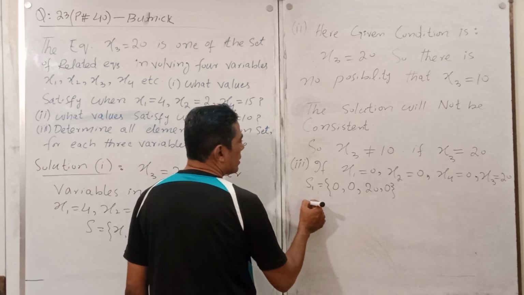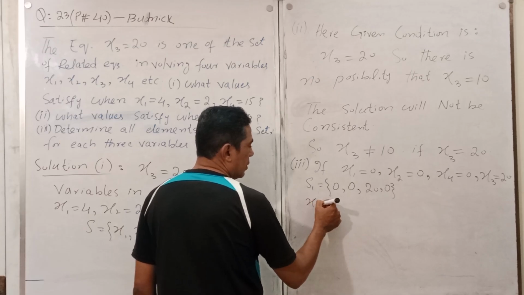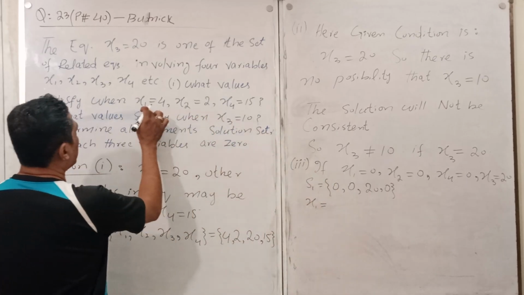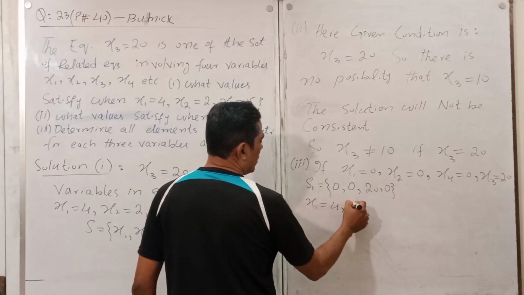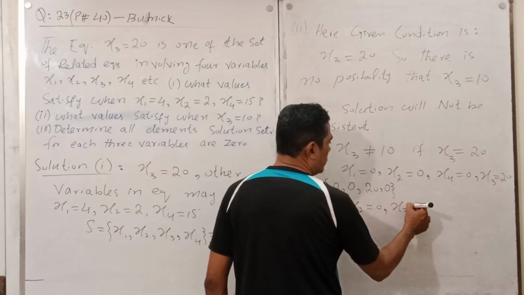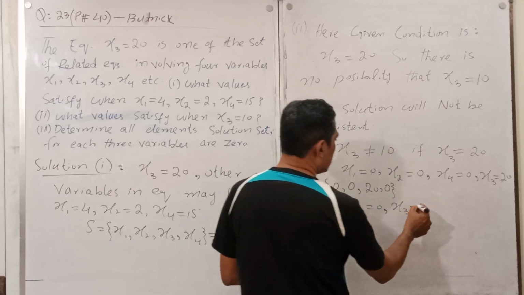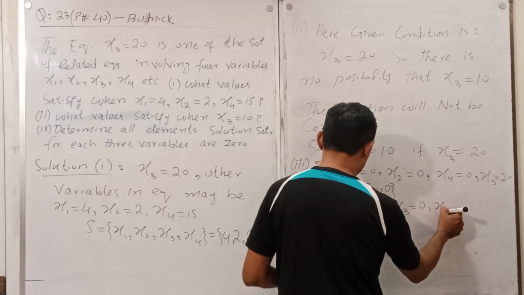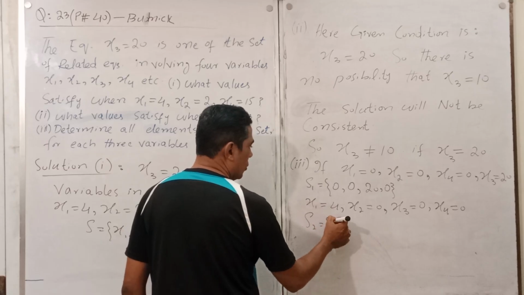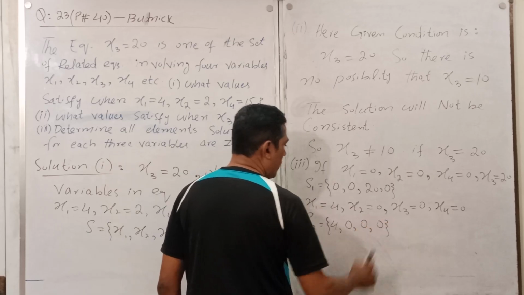Then the next possibility: x1 is given here as 4, x2 equal to 0, x3 equal to 0 and x4 equal to 0. So S2 is (4, 0, 0, 0). Clear?